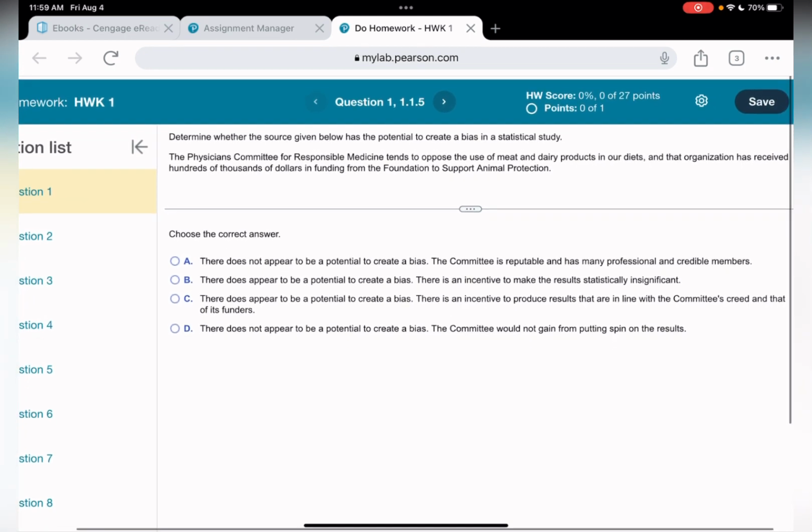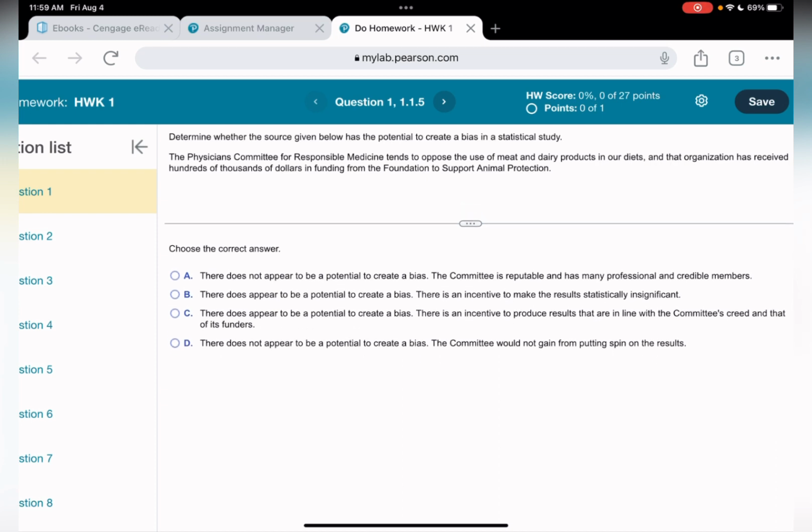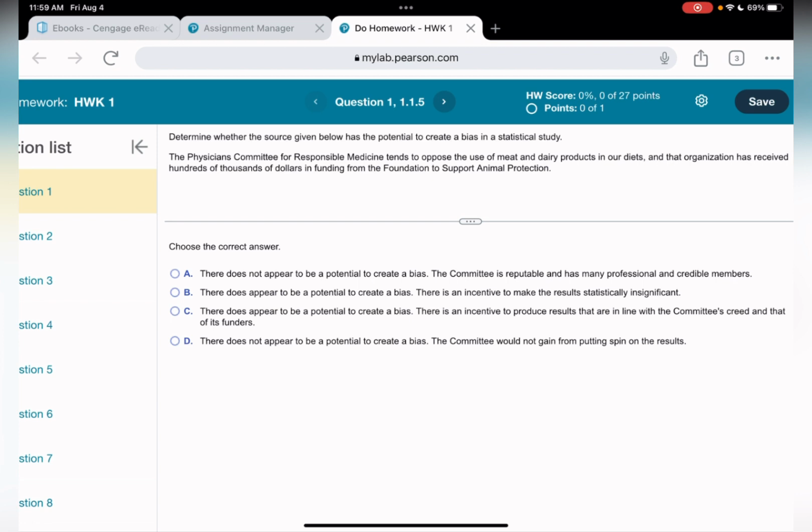Finally, we got to solve our problem. The Physicians Committee for Responsible Medicine tends to oppose the use of meat and dairy products in our life. And guess what? The organization has received hundreds of thousands of dollars in funding from a foundation to support animal protection.